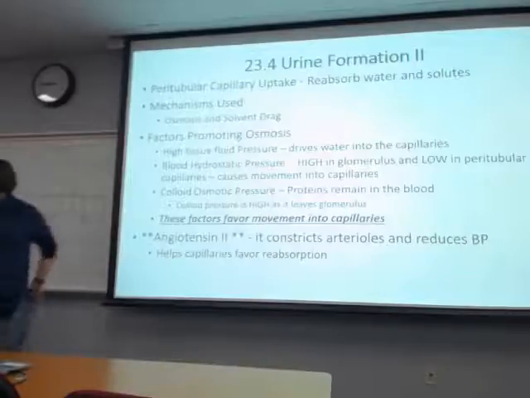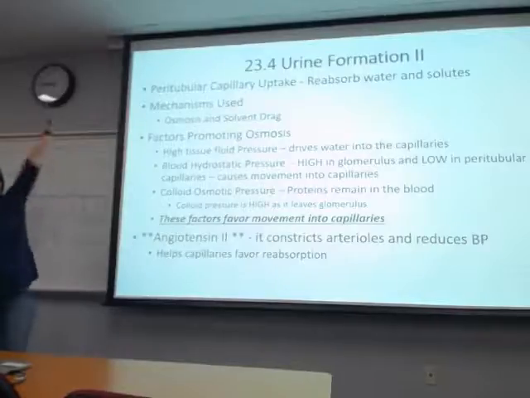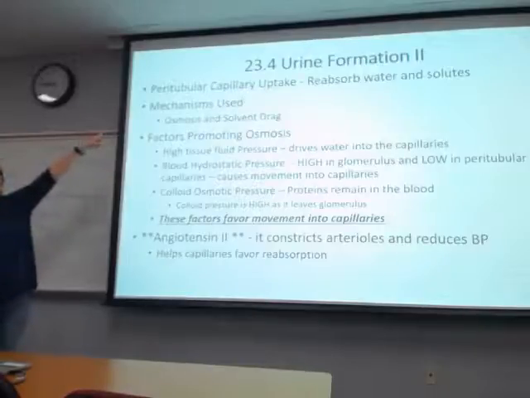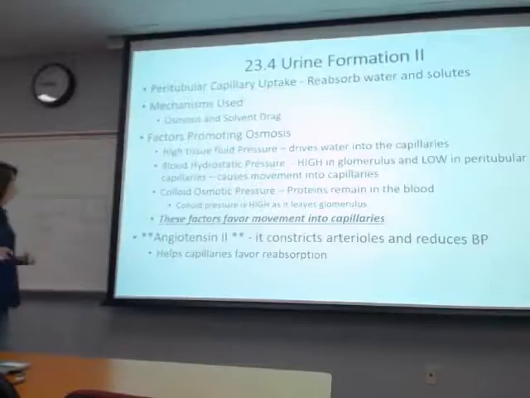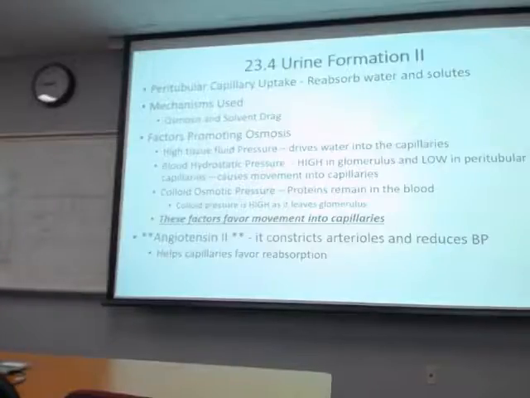Because there's four stages in urine formation too. Peritubular capillaries, okay? Remember how in our nephrons, I'm looking at those capillaries that would be close to my tubes that are present.